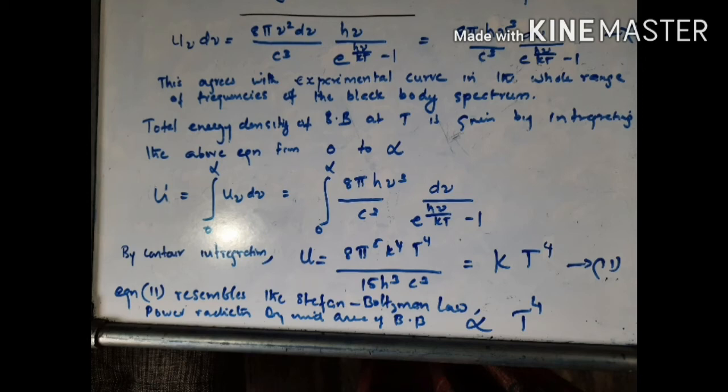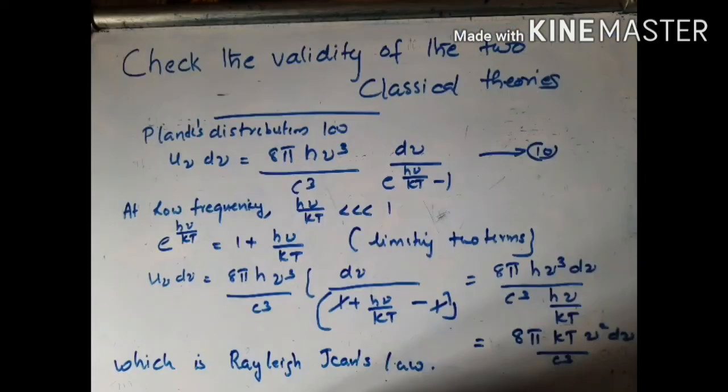Stefan-Boltzmann law says that the power radiated per unit area by a black body is proportional to the fourth power of the absolute temperature. Now let us check the validity of the two classical theories, that is the Rayleigh-Jeans law, which holds good in the low frequency range, as well as Wien's law, which holds good in the higher frequency range.